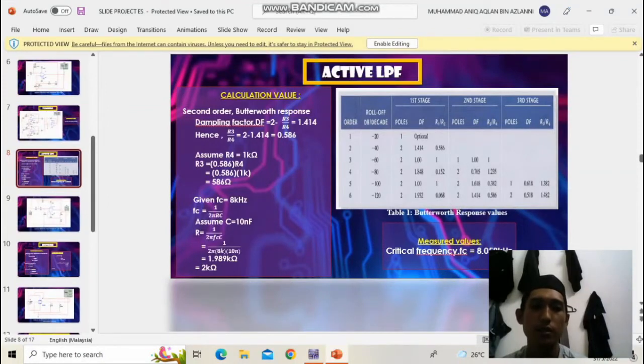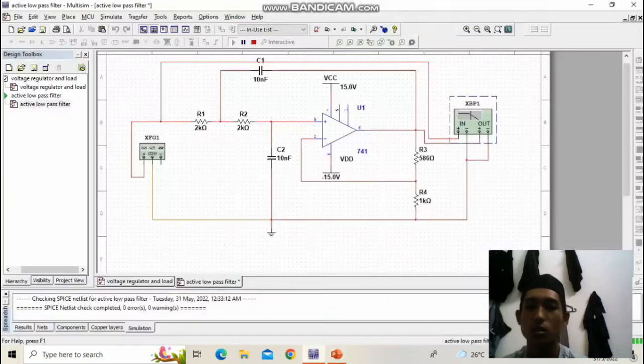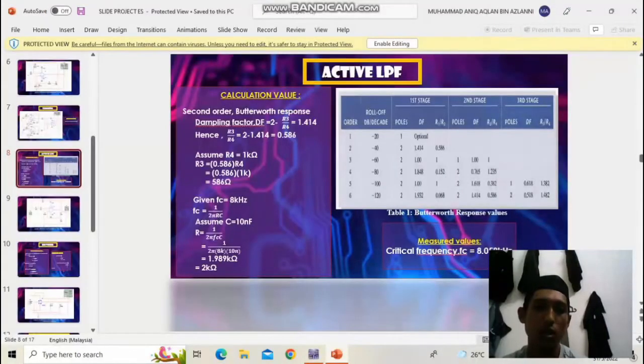And then given FC is 8 kHz, from the question. So this is the formula. The capacitor is 10 nanofarad, and then we include the values inside the formula.